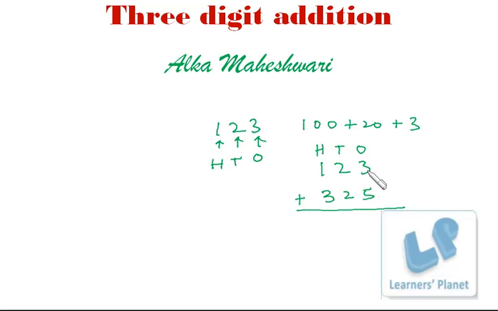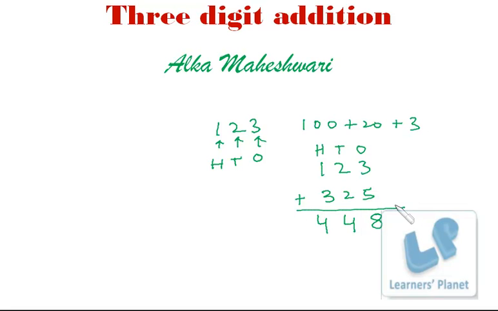So 5 6 7 8. Similarly you add the numbers at the tens place, so 2 and 2 is 4, and similarly you add the numbers at the hundreds place, so 3 and 1 is 4. So addition is quite similar, as we did in the case of two digits. Till here there is no problem, it is very similar to the previous one.